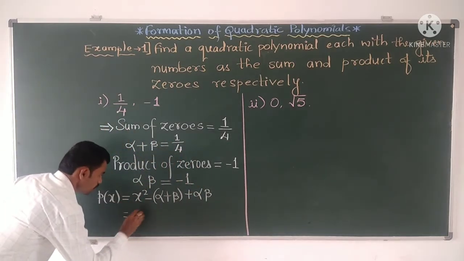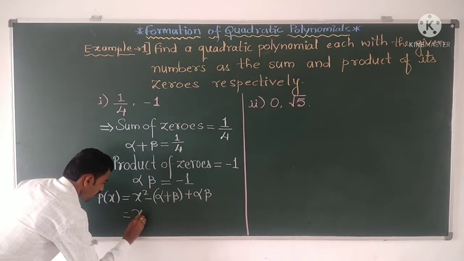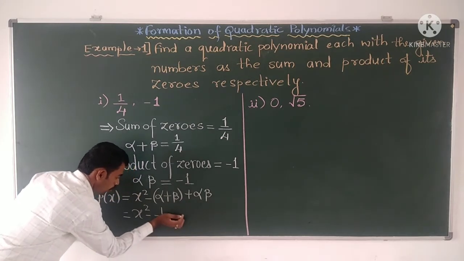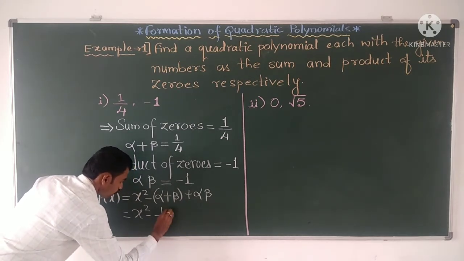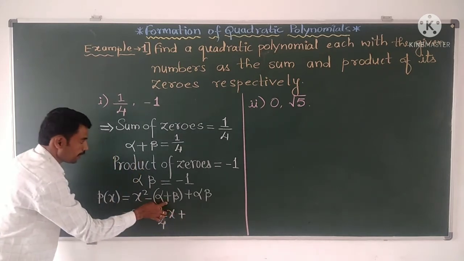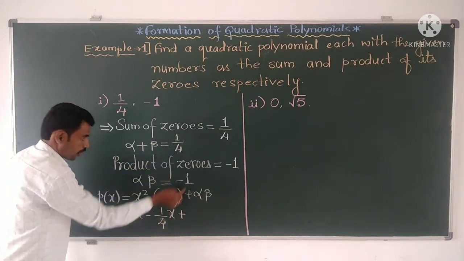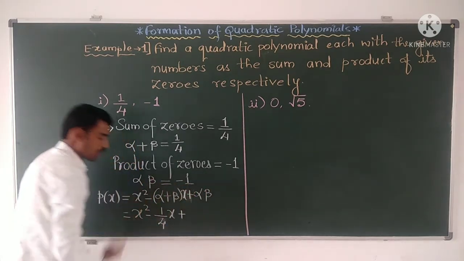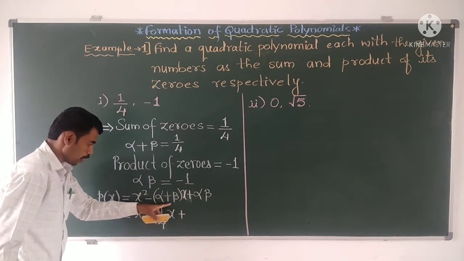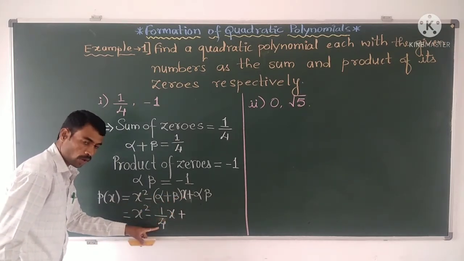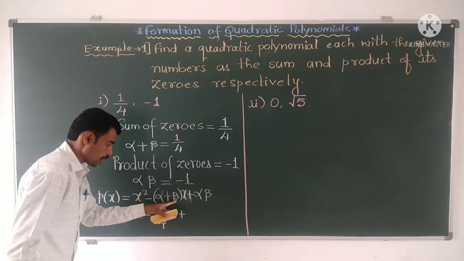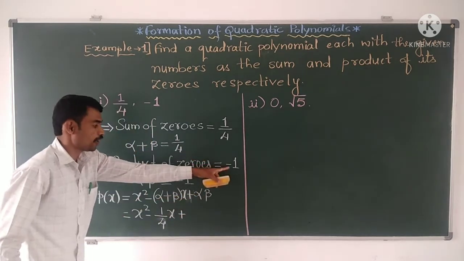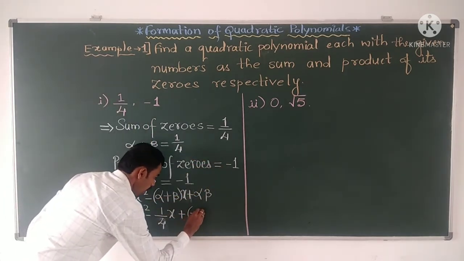So here substitute alpha plus beta: x square minus 1 by 4 x, plus alpha beta, which is minus 1.